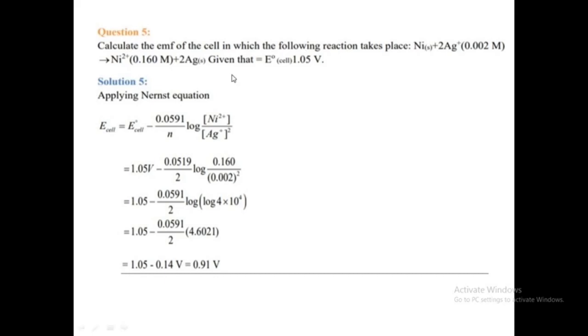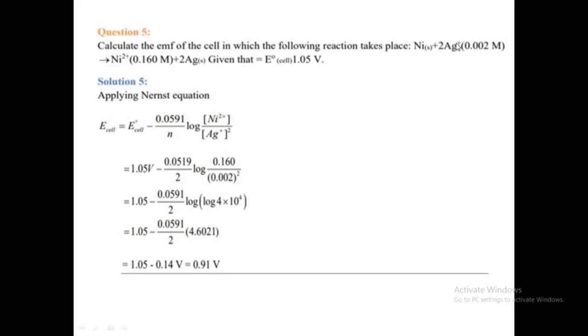The given value of E naught cell is 1.05 volt. So we have to calculate the EMF of the cell, that means E cell.